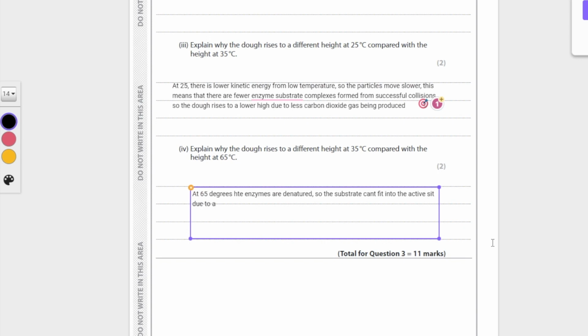I won't use any complex stuff because this is only GCSE. So respiration doesn't continue, or continues at a slower rate.